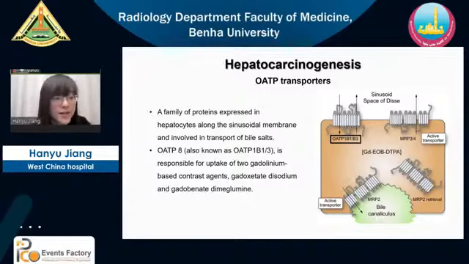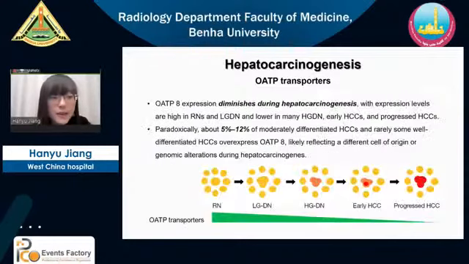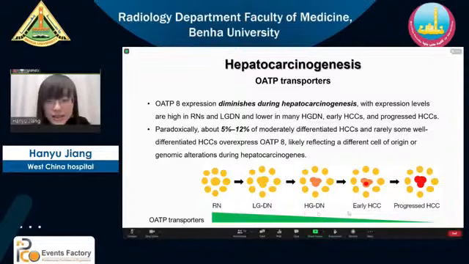Emerging evidence suggests that the expression of these transporters diminishes during hepatocarcinogenesis. Expression levels are high in RN and LGDN and lower in HGDN, early HCCs, and progressed HCCs.